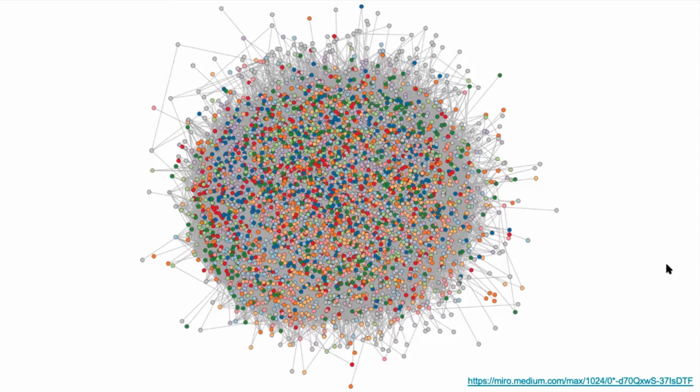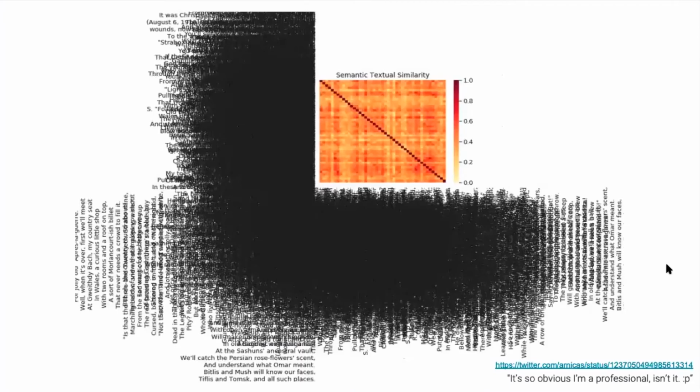Similarly, this is a joke example that a visualization professional posted on Twitter, saying it's so obvious I'm a professional, that this is just completely overwhelming and it's not possible at all to see what's going on.